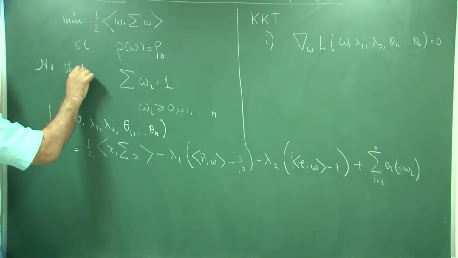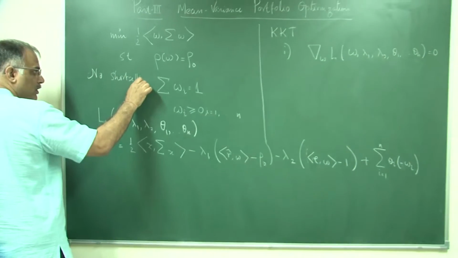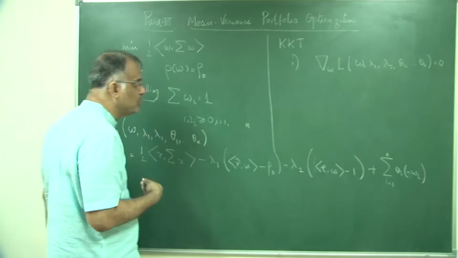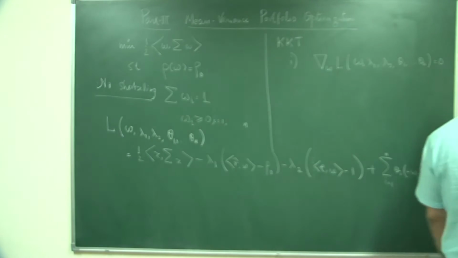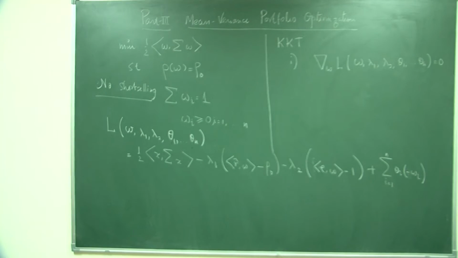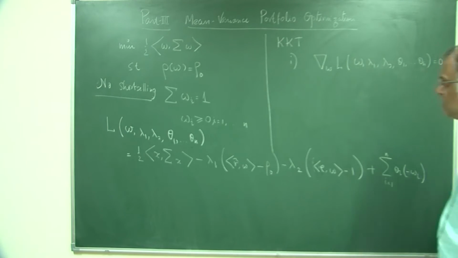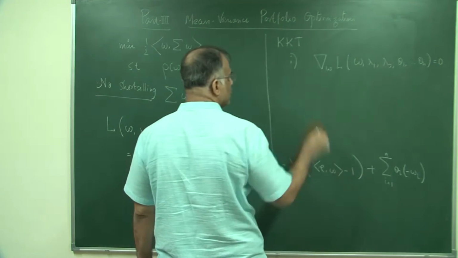Once you do not allow short selling, the problem actually becomes very difficult. You really need a machine to solve it. Once the data are given, you cannot solve it by hand even for small cases. It is not so easy doing this.